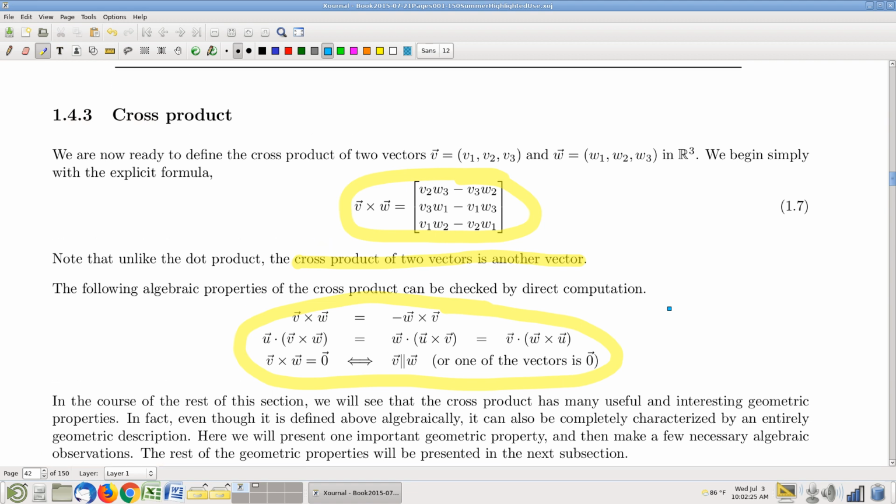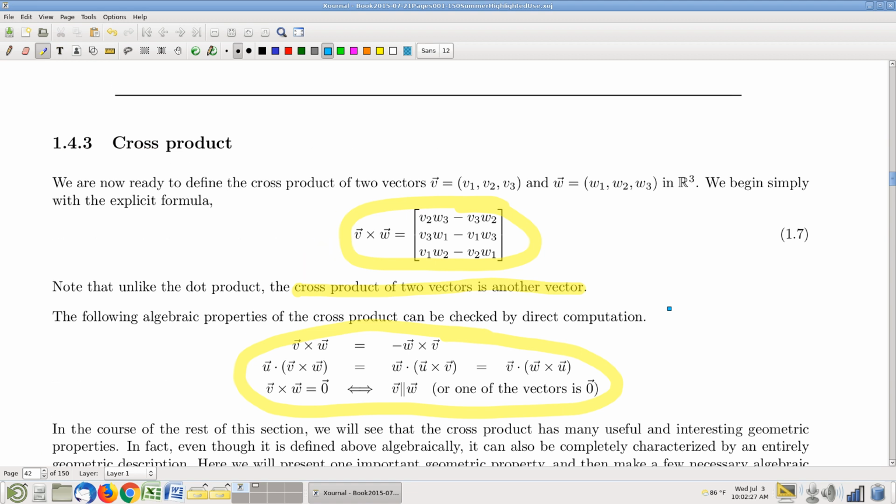Cross product. So we've talked about right-hand order, and we've talked about determinants. Both of these things are very strongly connected to cross product. I'm going to define cross product kind of analogously to how I defined dot product. Namely, I'm not going to start with a geometric motivation and then derive a formula. I'm going to start by writing down an arbitrary formula seemingly pulled out of thin air.